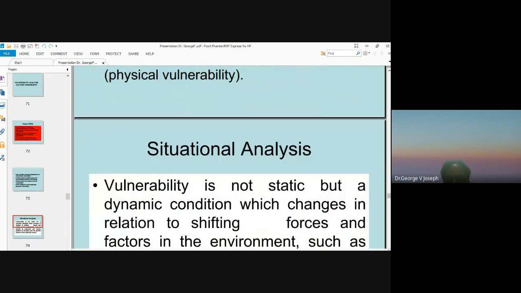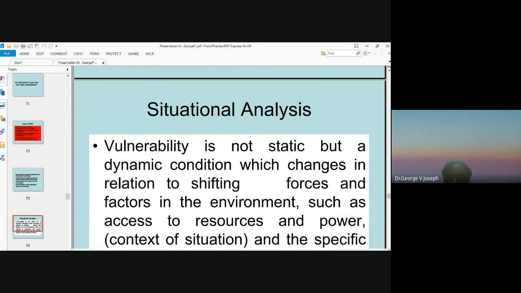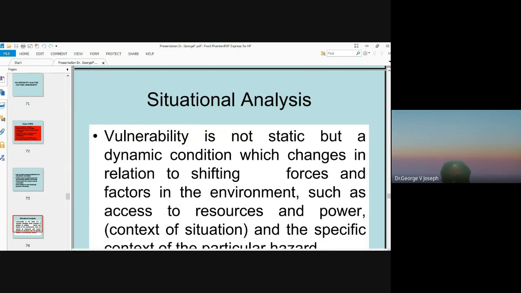Vulnerability is not static, as I said, it is dynamic, changing in relation to shifting forces and factors in the environment, such as access to resources. Earlier, a particular location may not have had access to resources, but due to certain interventions, programs and projects, you have generated resources and accessibility for the people. That will reduce the vulnerability.